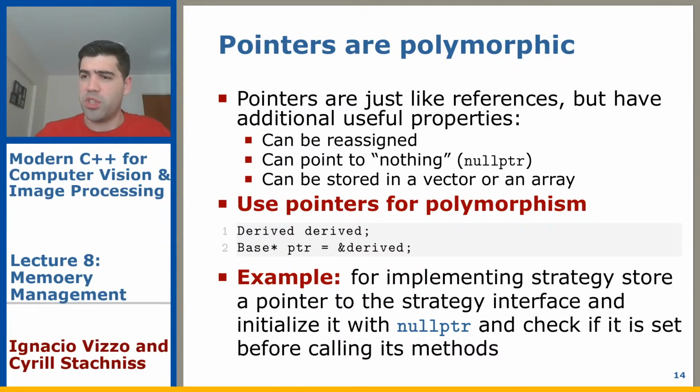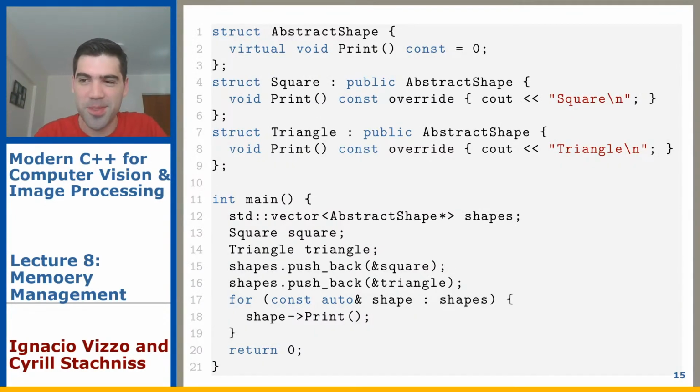So we saw a strategy pattern last time. You can store a pointer to the strategy, and then you just work with the strategy without knowing which strategy you're picking. The only thing you need to worry about is that you should check for a null pointer before using this pattern. The example is here because you need to do it for homework number 8, so make sure you go through it.